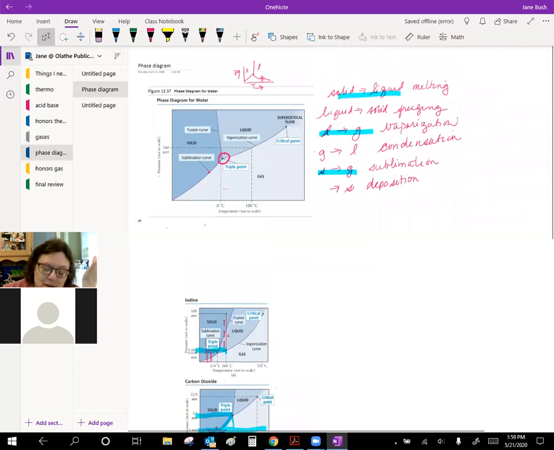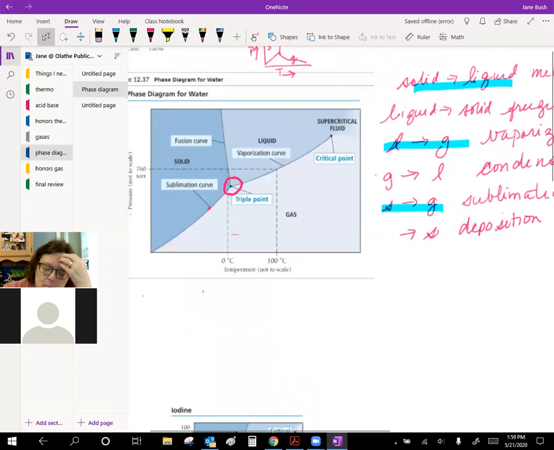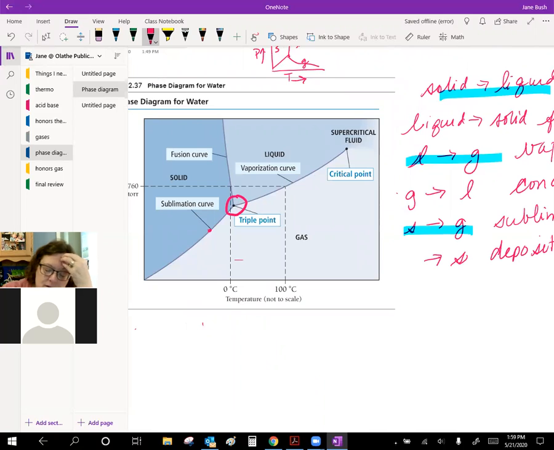So you've got the pieces you need to know about this. You've got your triple point. You've got the critical point, which is when liquids and gases can't make it become a gas anymore. It's all going to be a liquid.